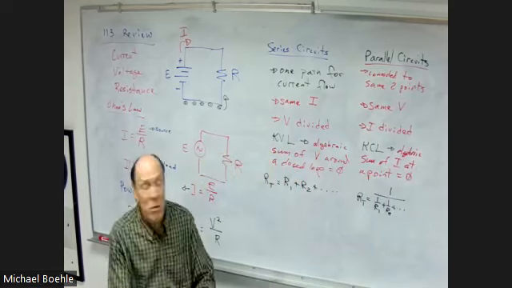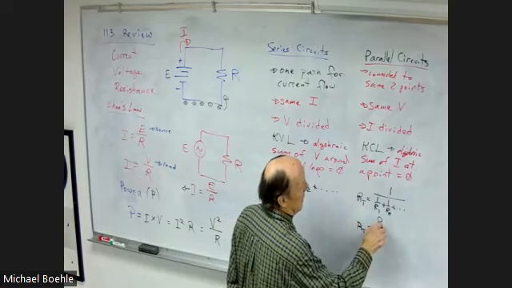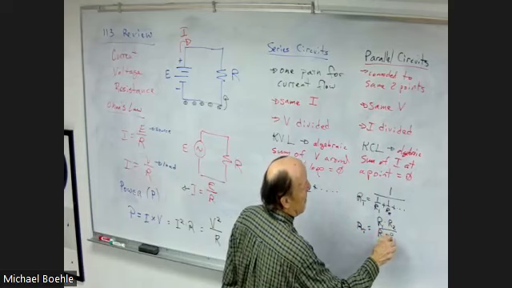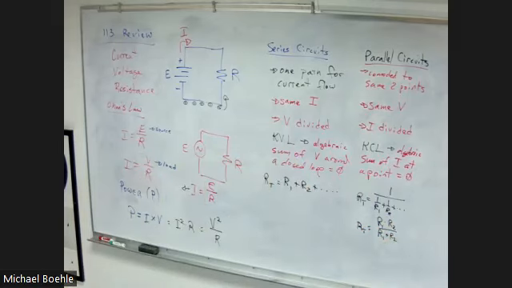If I only have 2, I get a special for that, right? I can just say product over the sum, just like I said for series components. When those components become something other than resistors, like capacitors or inductors, all we do is replace resistance with reactance.